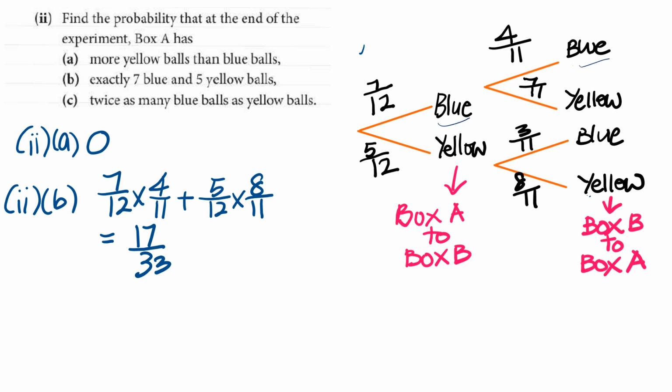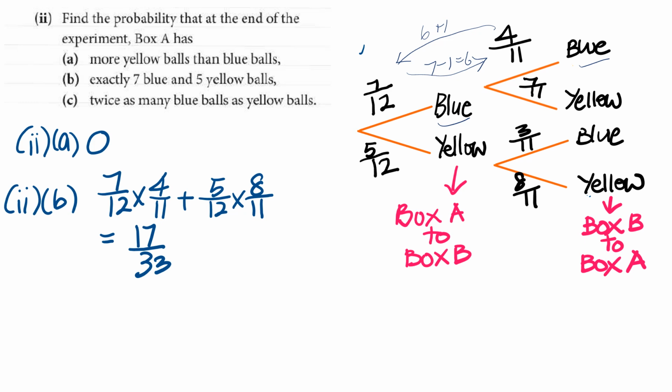So if you want to get back 7 blue in box A, originally you're now left with 6, so 1 must come from the 4. So we have to look at the blue branch to get exactly 7 blue.